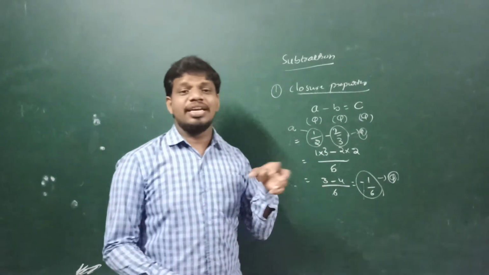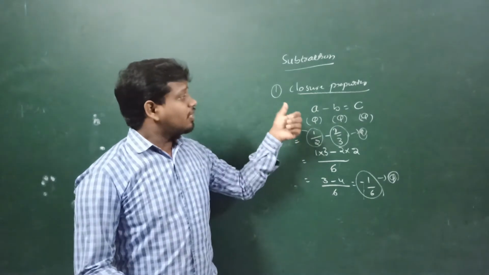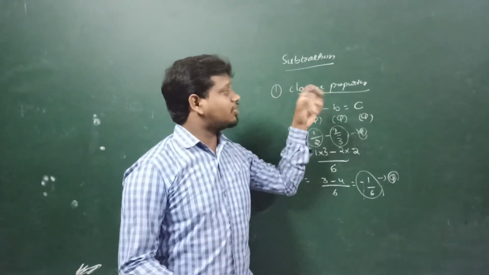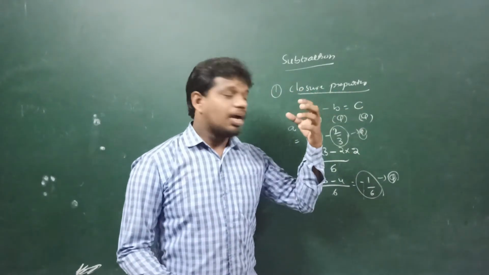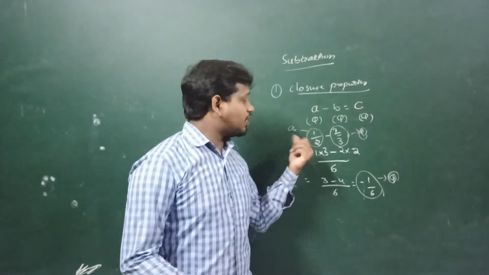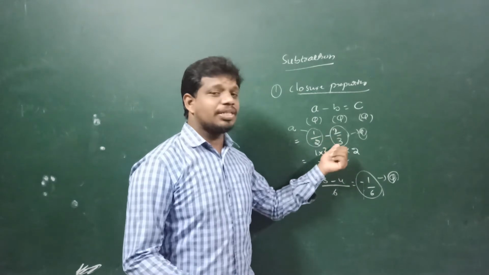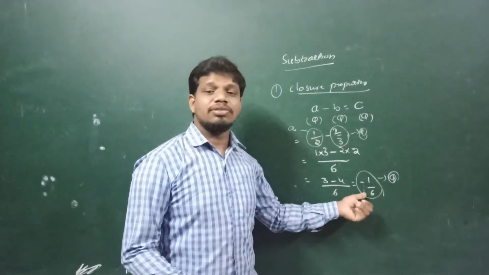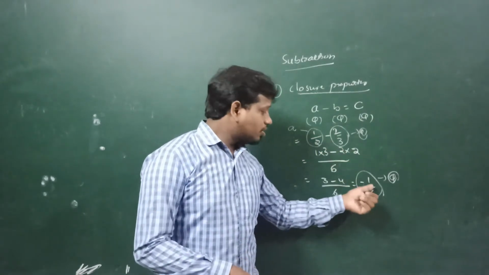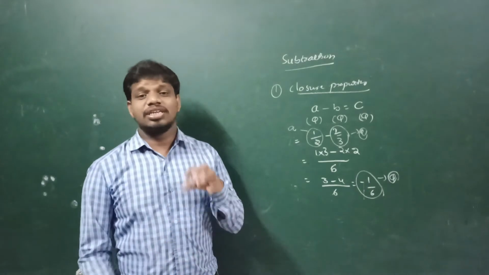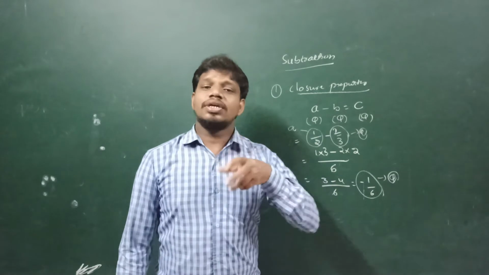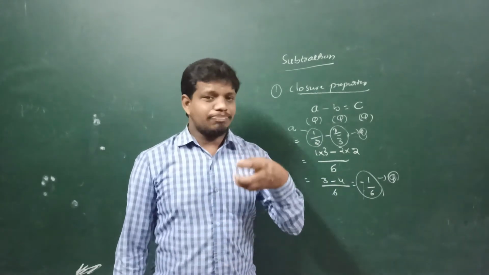So that's why we can conclude it is the closure property of rational numbers, meaning the rational numbers satisfy the closure property under subtraction, because the input values we took instead of a and b, 1 by 2 and 2 by 3, and their subtraction gives minus 1 by 6. So 1 by 2 is a rational number, 2 by 3 is also a rational number, minus 1 by 6 is also a rational number. That's why we can conclude the rational numbers satisfy the closure property under subtraction.